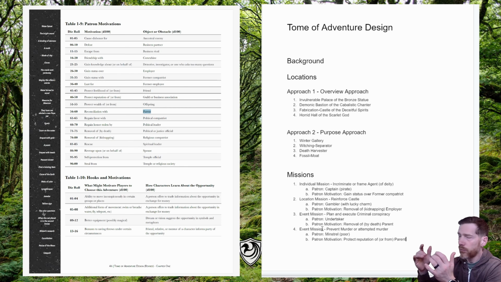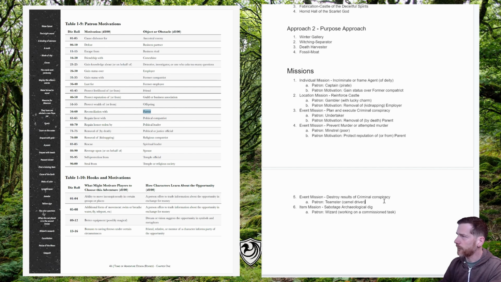The poor minstrel is the Undertaker's brother or sister, and they want the player characters to protect the parent. So, depending on whose side the player characters end up on, now you have two different ideas of a mission. Same maps, same stat blocks, but you have two different sort of flip side of things. That's actually getting kind of fun.